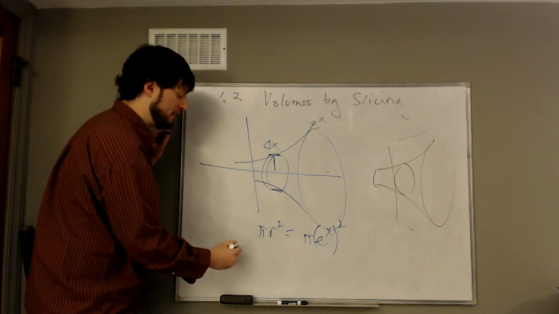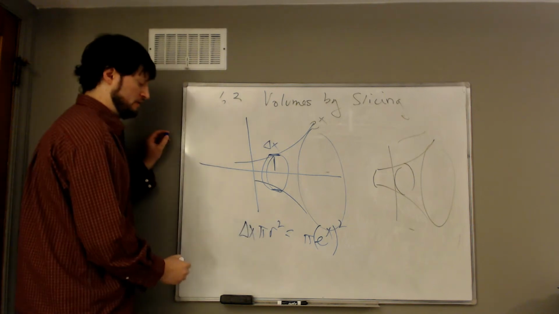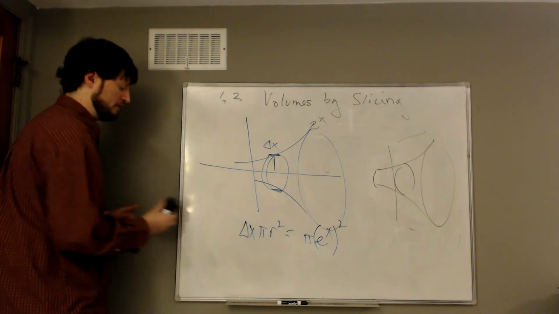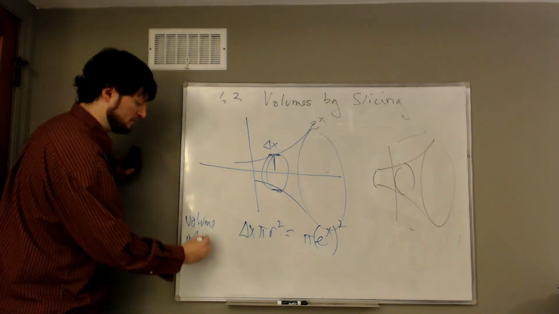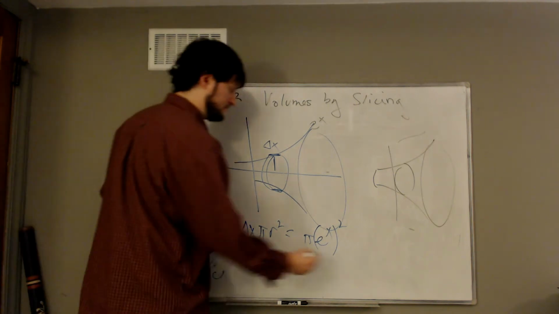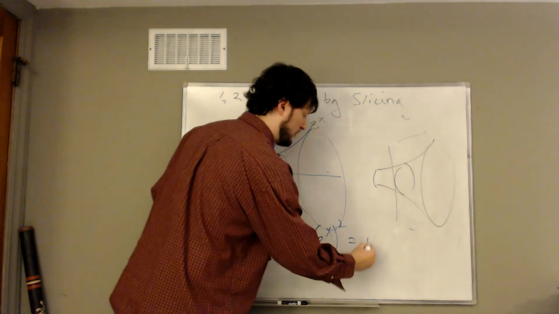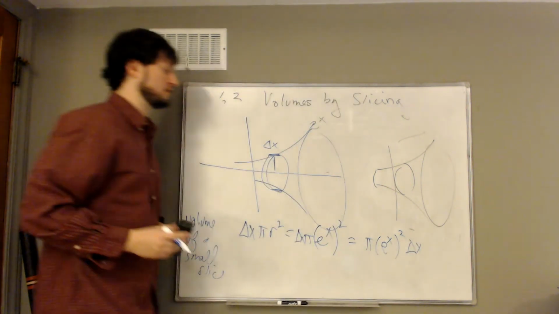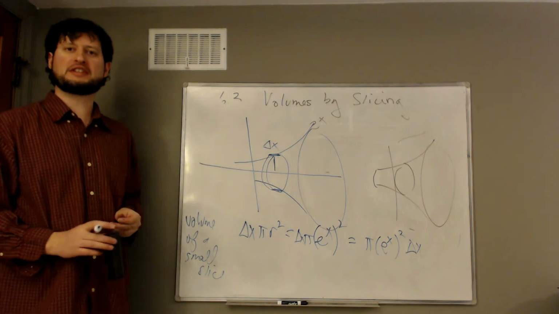But then when I thicken it by delta x, what I'm going to get is the volume of a small slice. So I'm going to write this as pi times e to the x squared times delta x. That's the volume of this small slice of thickness delta x.